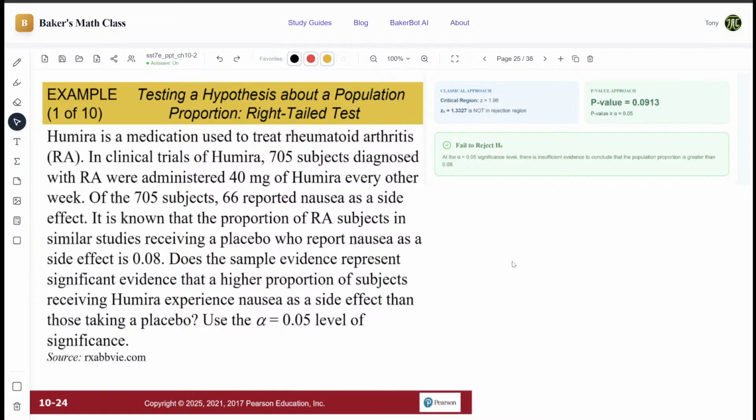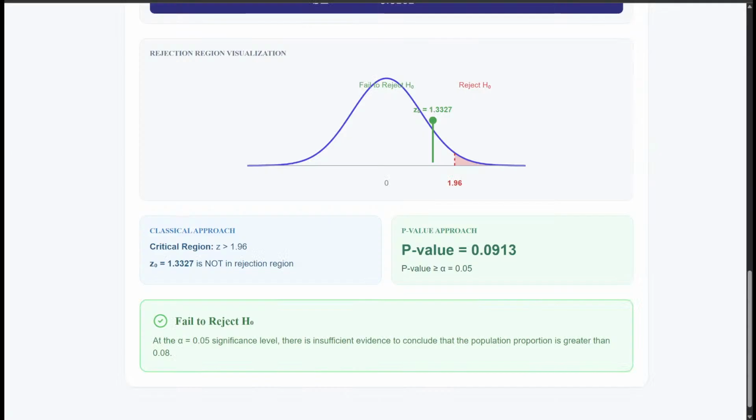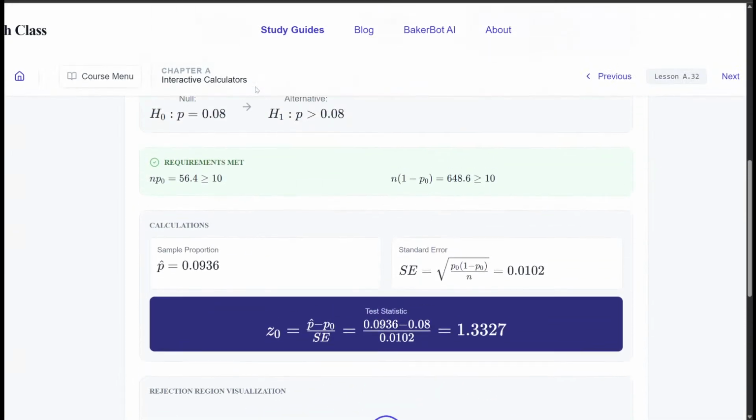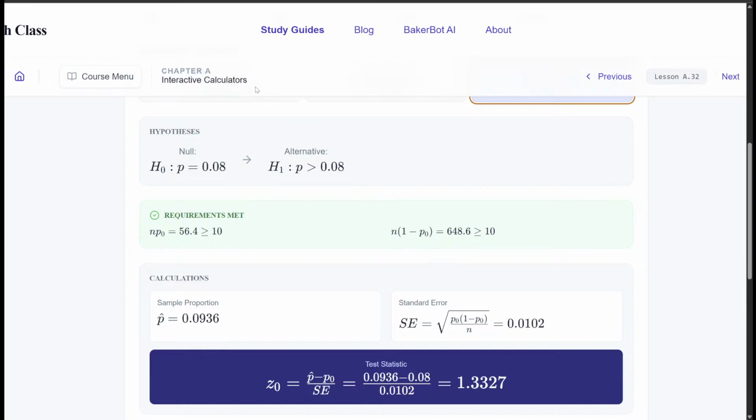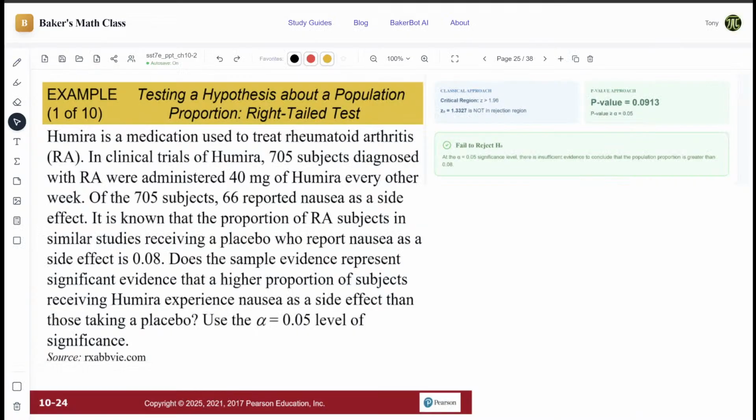That's what this is saying. So even though the actual value was like 9.4%, that's higher than the 8%, right? But it's not significantly different enough for me to claim that it's higher than the 8%. All right? Does that make sense?